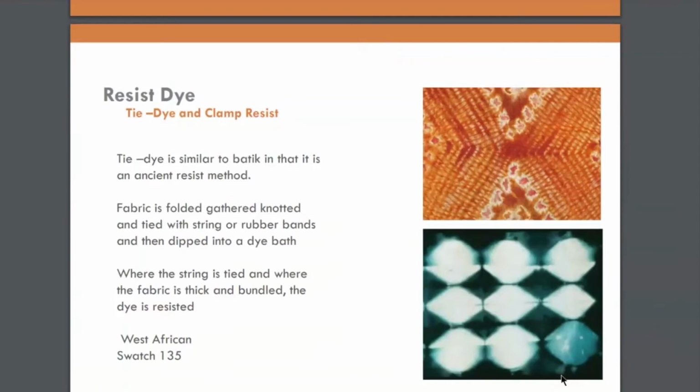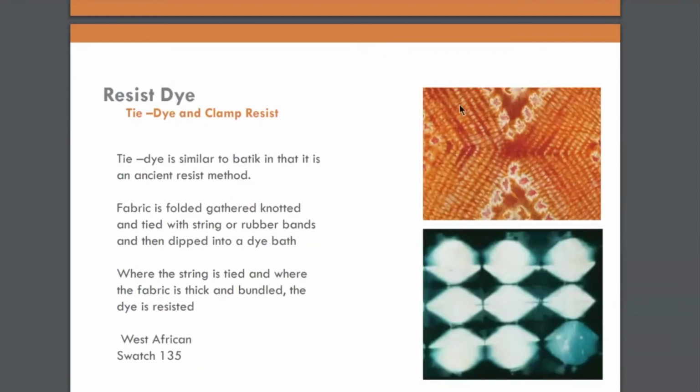So although tie-dye is associated to me with the 60s and 70s, right, where you bunch up a t-shirt and you bind it with rubber bands and then you dip it in different colored dyes, and then when you open it up, all the places that you have the rubber bands, you have kind of groovy circles. So that is the 1960s and 70s tie-dye, but ancient resist methods are very similar.